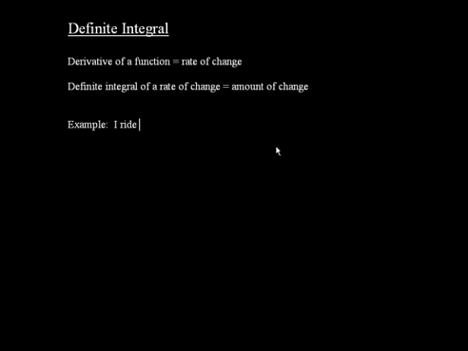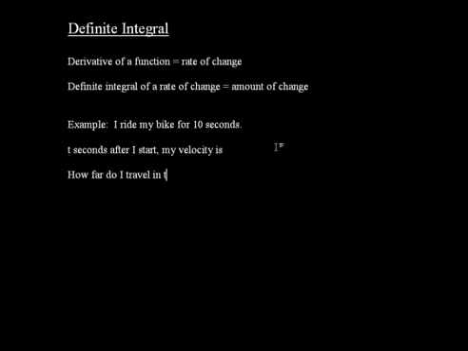And the second example is going to be a little bit less abstract. Suppose I ride my bike for 10 seconds. t seconds after I start to ride my bike, my velocity is, and then I'm going to write down a formula. And what I want to ask is how far do I travel in those 10 seconds?